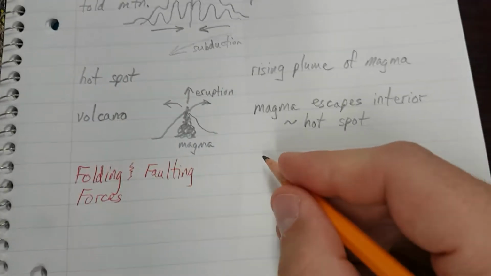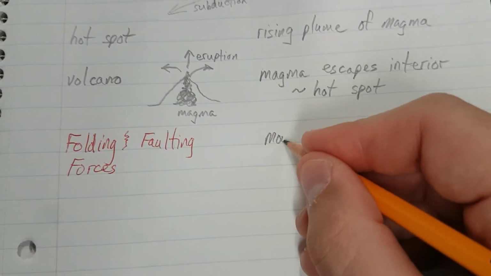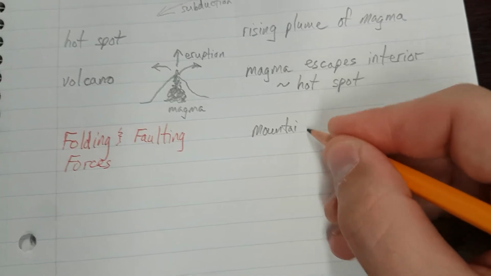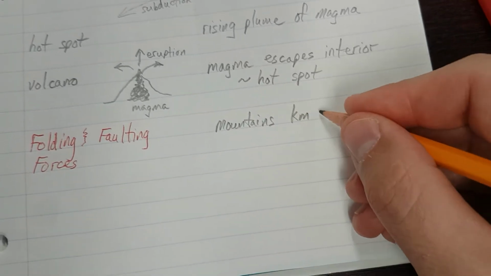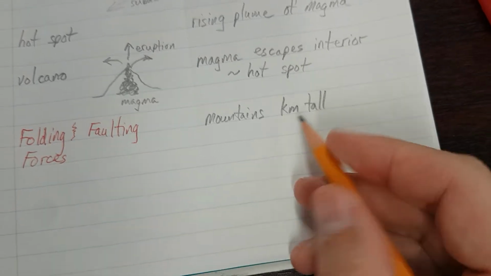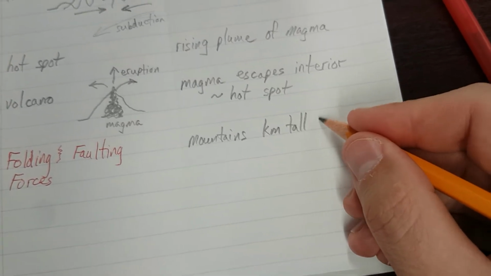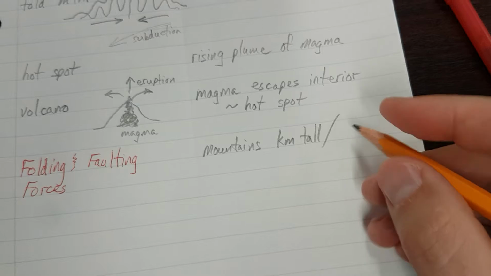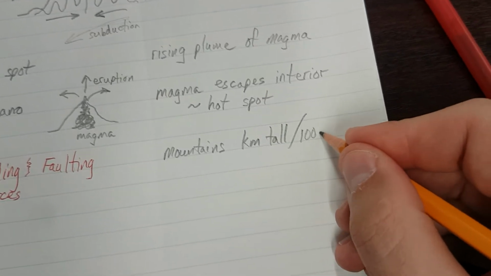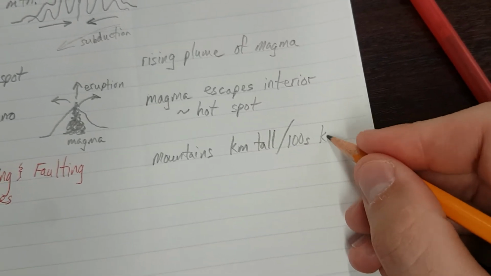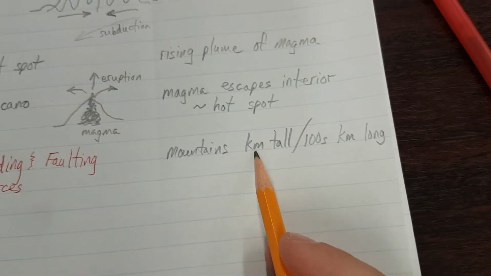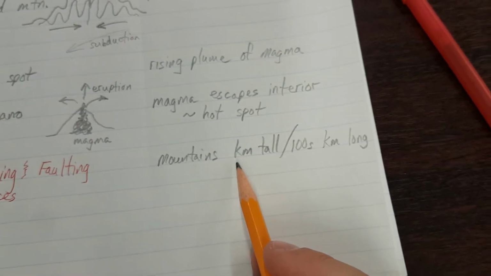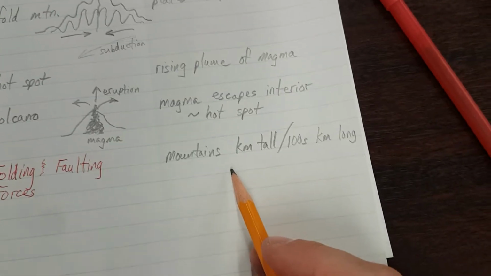Okay, so mountains can be kilometers tall, km for kilometers tall, slash hundreds of kilometers long. So km is the abbreviation for kilometers. Remember, kilometers are a little bit shorter than miles.